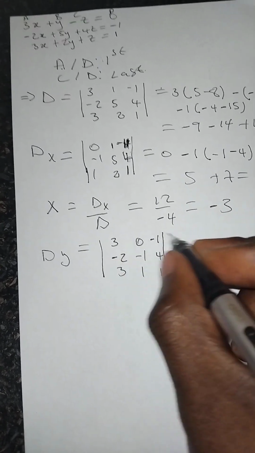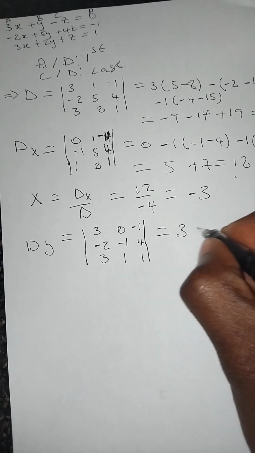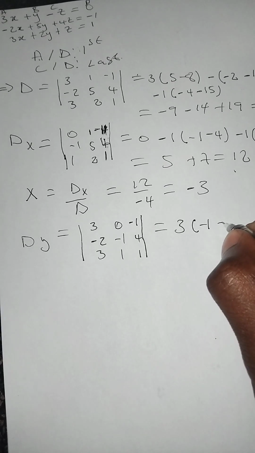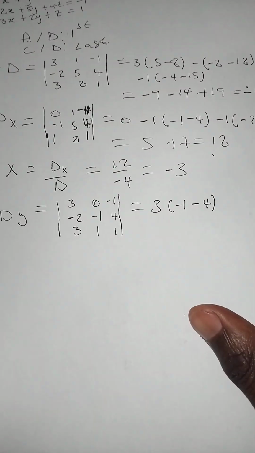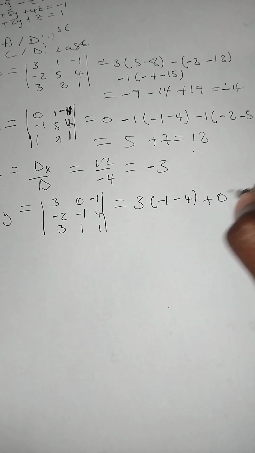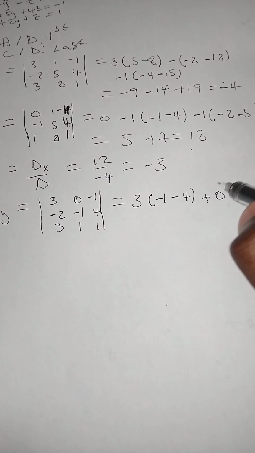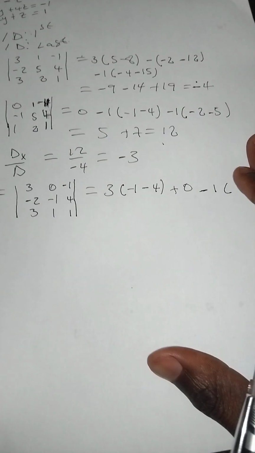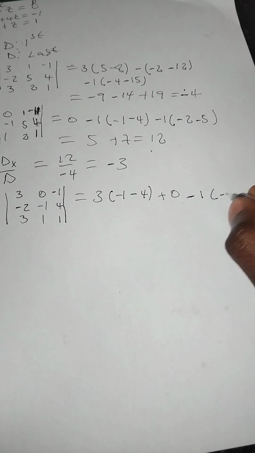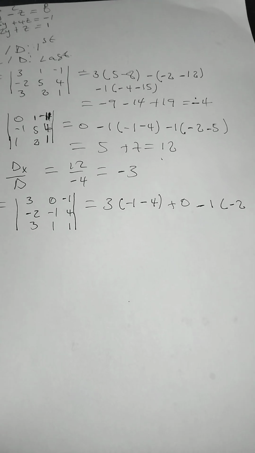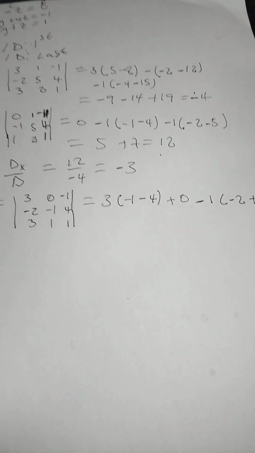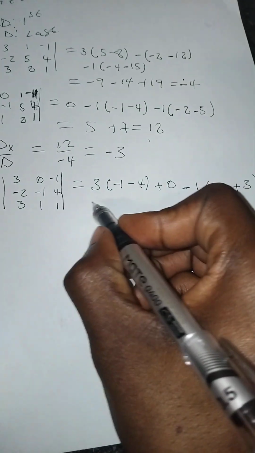So I can use this to find the determinant. We'll say 3 into minus 1 minus 4, then plus 0. So this 0 is going to annihilate everything. Then minus 1 into minus 2 plus 3, just like that.